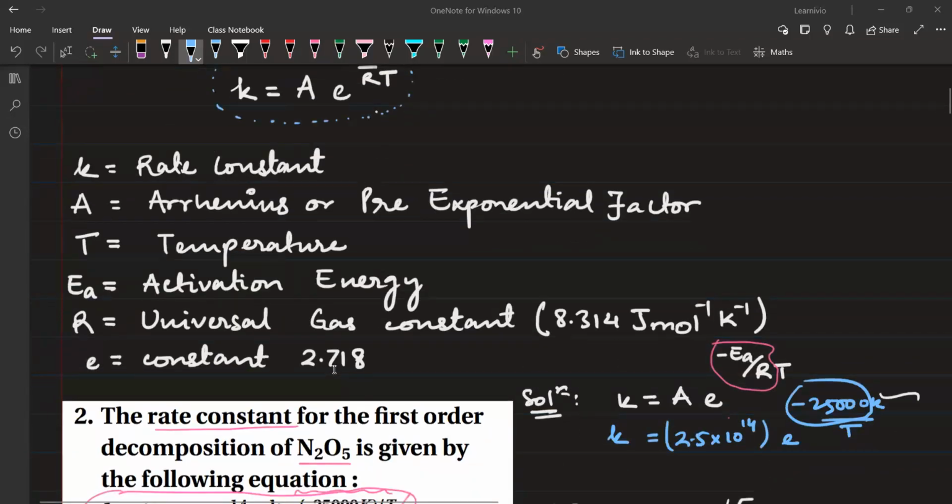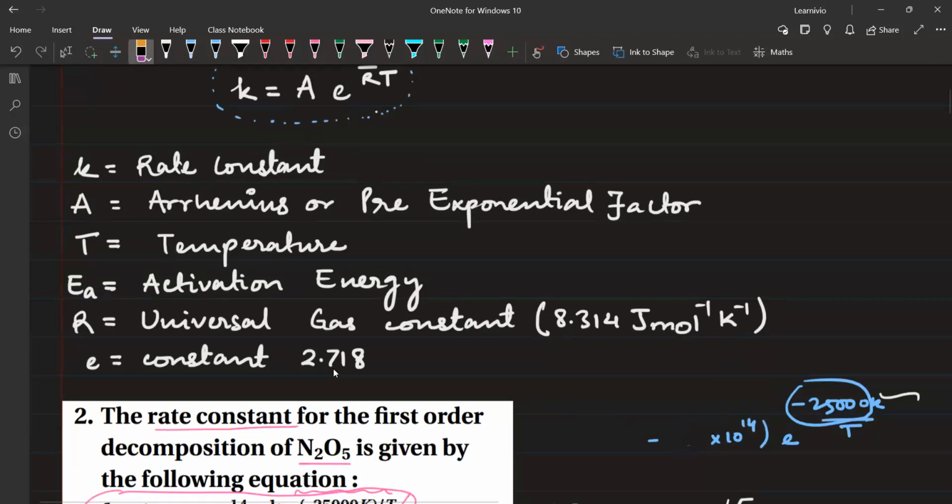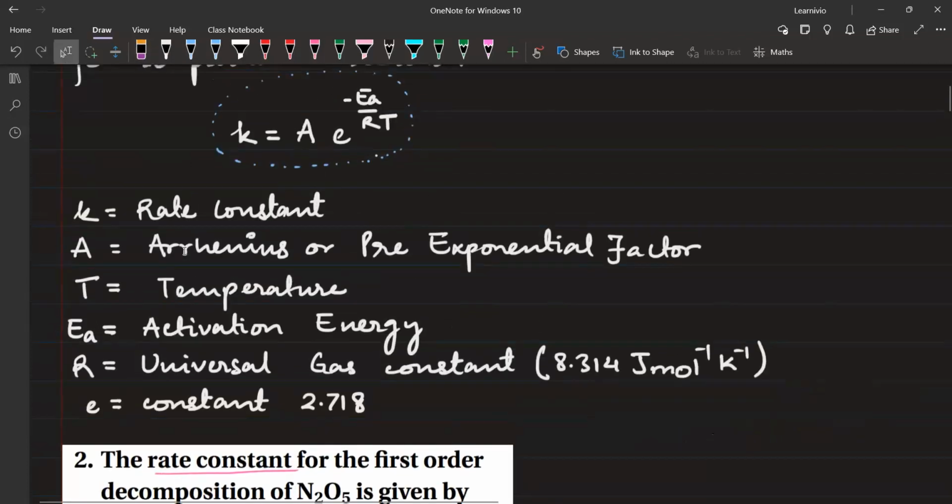ठीक है? ये एक सवाल है आपके पास. Please try this question. This is directly from the Arrhenius equation. इसको आप please एक बार Arrhenius equation इसको लिख लीजिएगा. k is equal to A e to the power minus Ea upon RT.